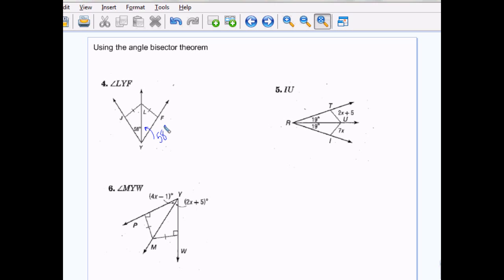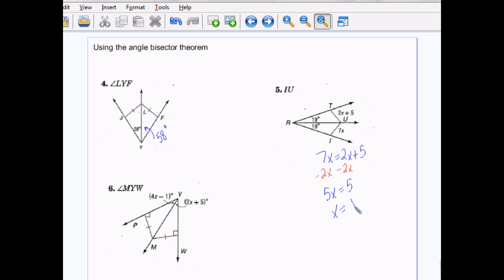Here I have these two angles are both 19, which tells me that these two parts are equal. So 7x is equal to 2x plus 5. And then I can solve for x. Subtract 2x from both sides. 5x equals 5, so x equals 1.